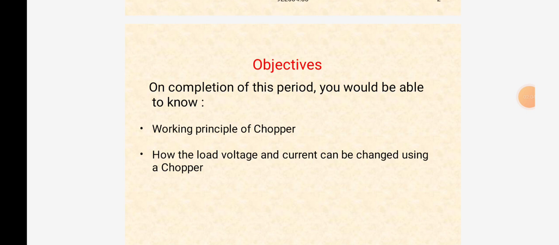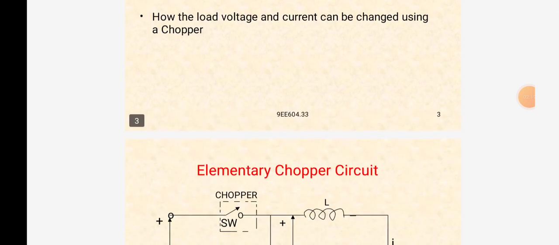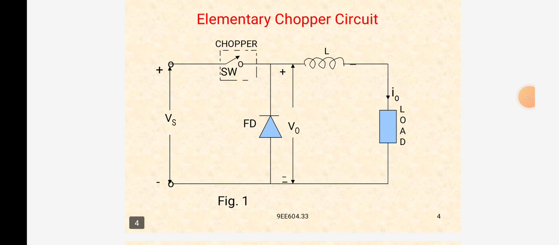Before discussing these, we are going to discuss the working principle of chopper. This is the circuit diagram of the elementary chopper circuit. In this chopper we have the supply voltage and one chopper.